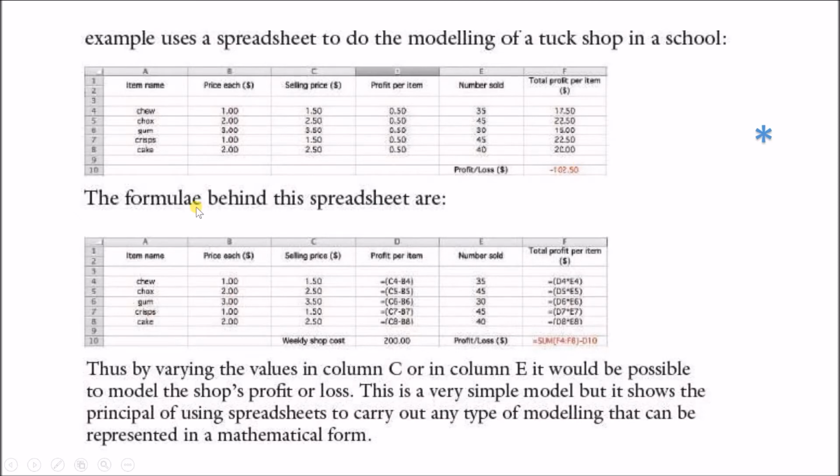Now the formula behind this should be like this. Now by varying the values in column C or E, it would be possible to model the shop profit or loss.